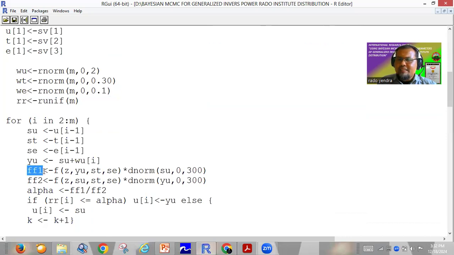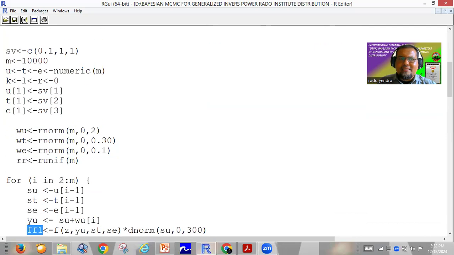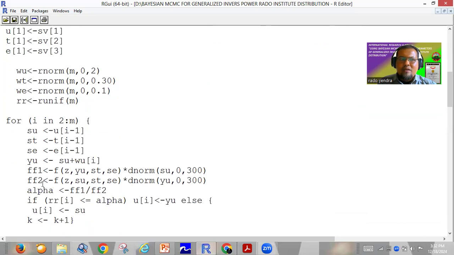So we use the concept of the posterior density. We will update with the burn-in of 10,000 times. This is the burn-in of 10,000 times. We use the formula likelihood function multiplied by the prior information. So we burn in 10,000, of course.